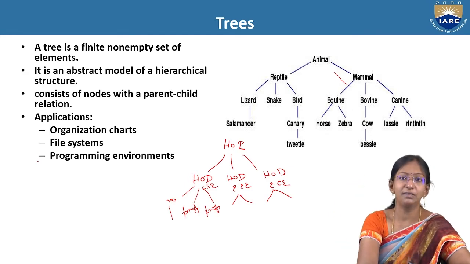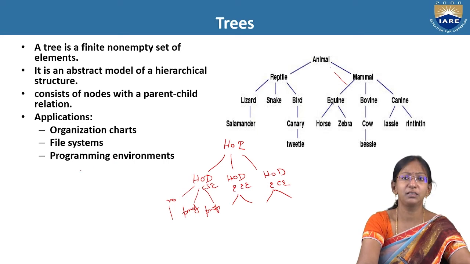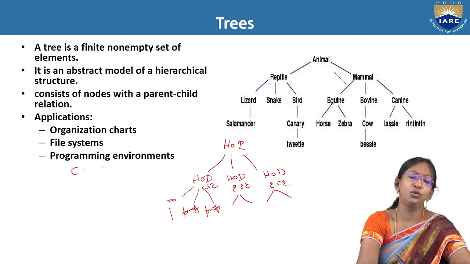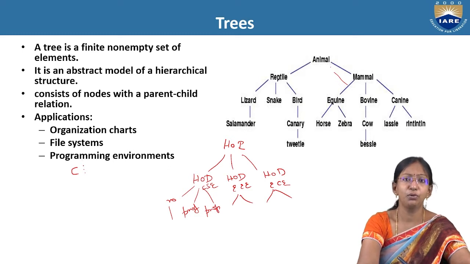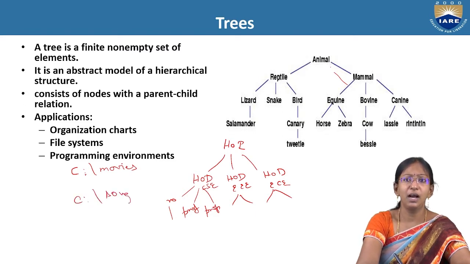Okay, coming to file systems, you might have seen in your C drive you might be having n number of folders, right? N number of folders storing content like movies. Within the C drive, you might also have songs, and within songs, you might have different languages. You can have Hindi songs, English songs, Telugu songs, right?